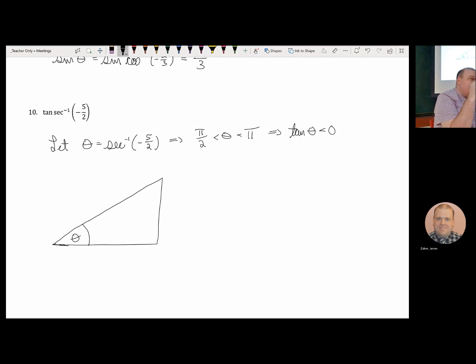How do you define secant in right triangle trigonometry? Then what is the missing length?